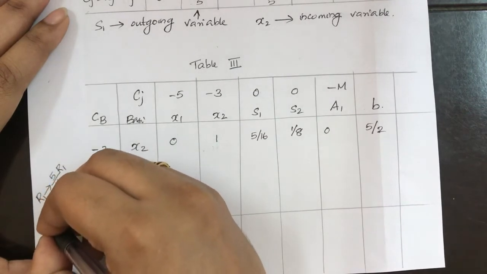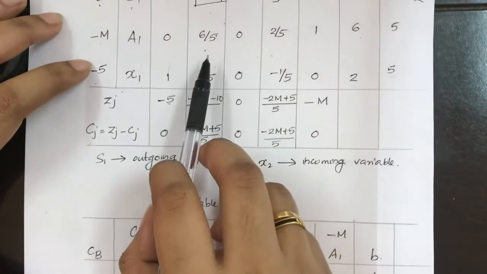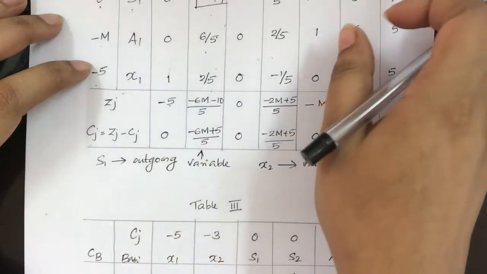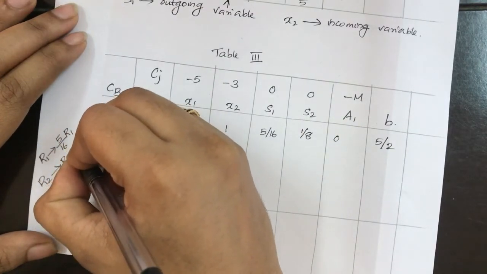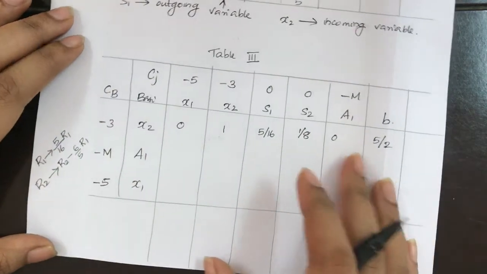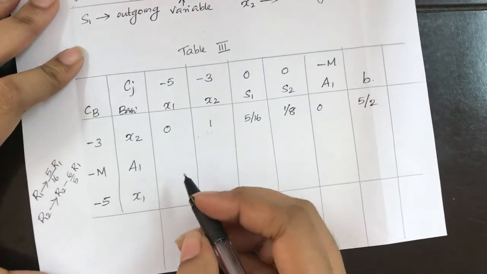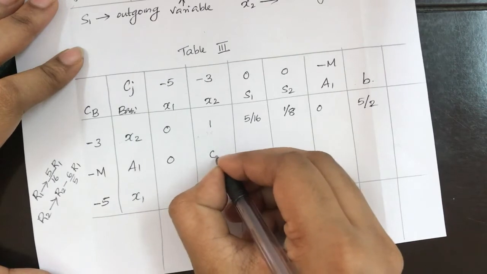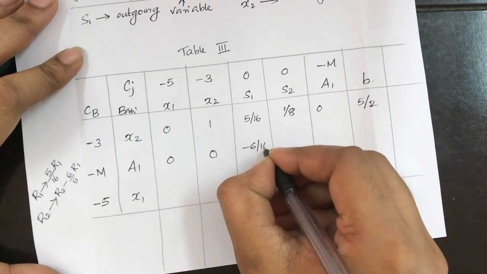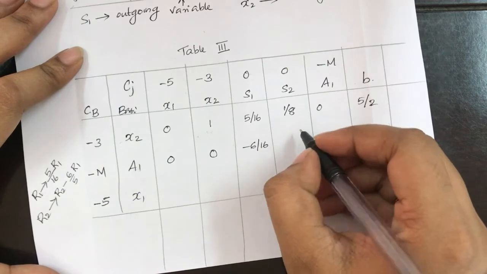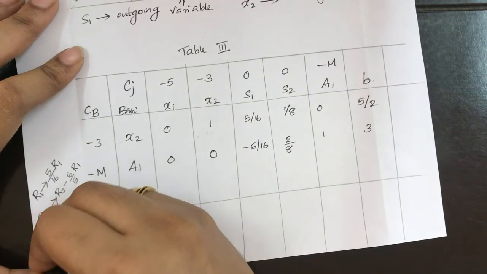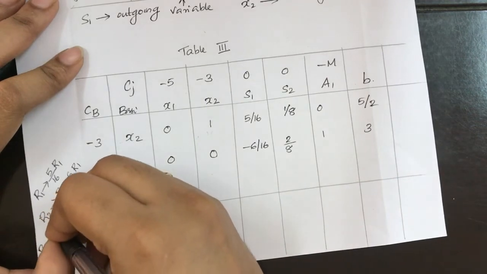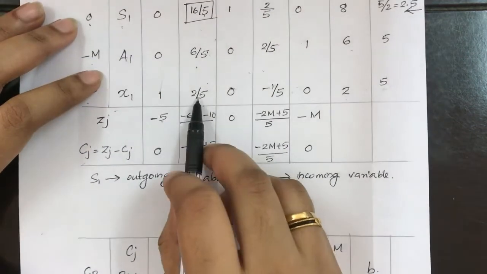Then R2 changes to, what is the value of R2 here? 6 by 5. R2 changes to R2 minus 6 by 5 R1. So second row will be like 0, 0, minus 6 by 16, 2 by 8, 1 and 3, and R3 changes to R3 minus, what's the value here, 2 by 5.